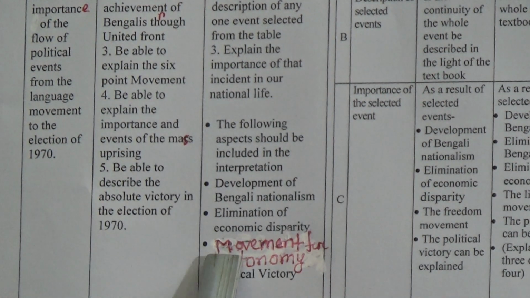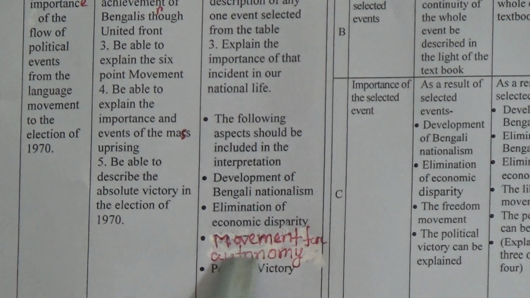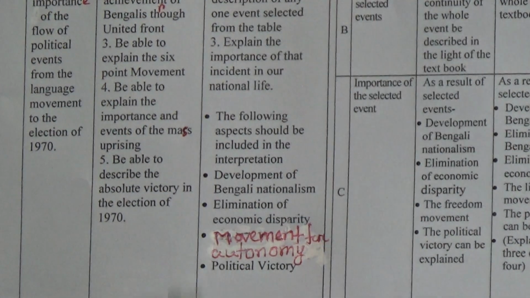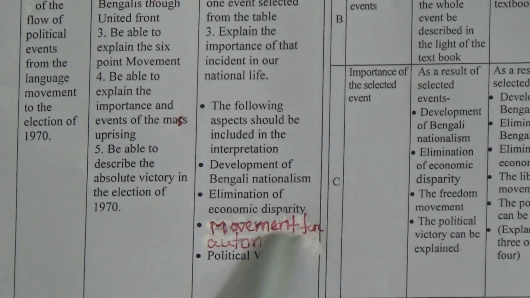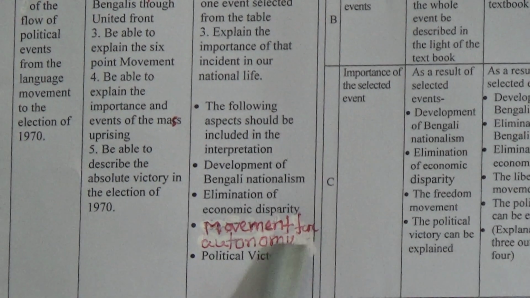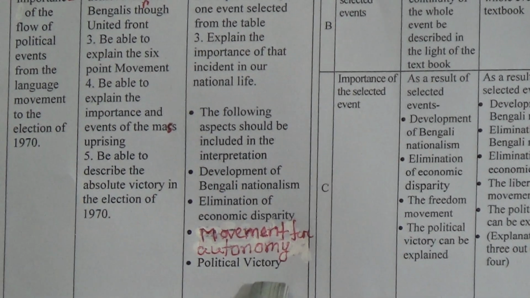Number 3, movement for autonomy. Encouraged by this language movement, we wanted a self-government system for the East Pakistani people. Number 4, political victory.